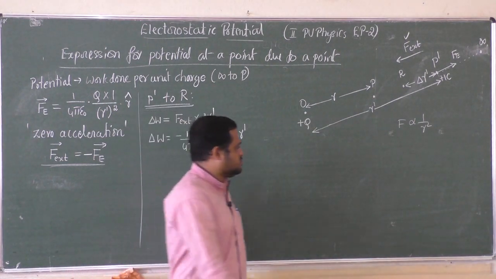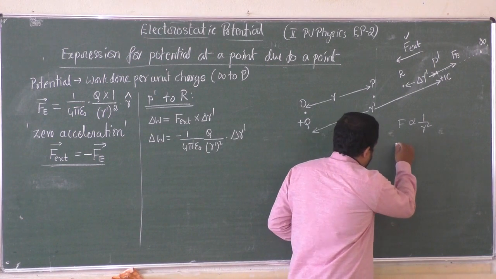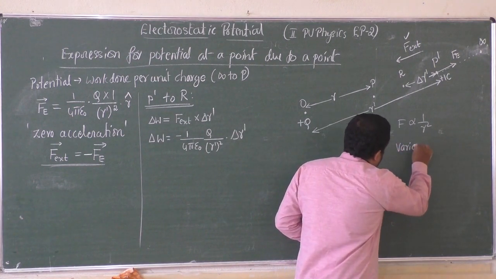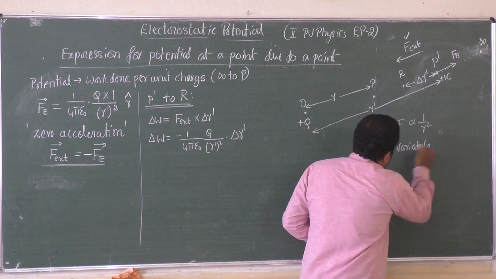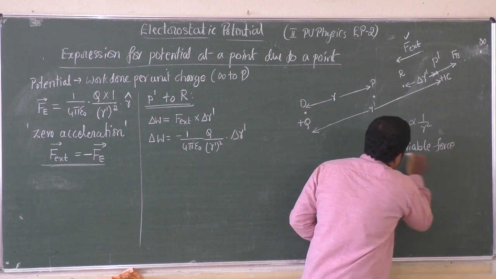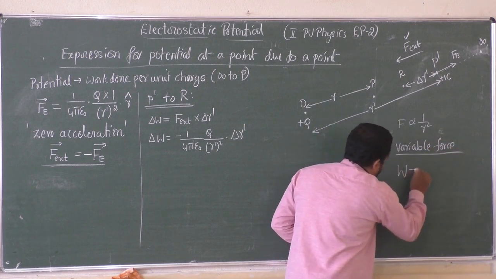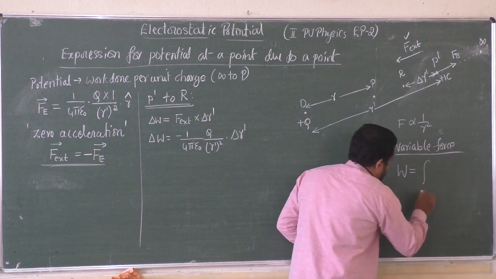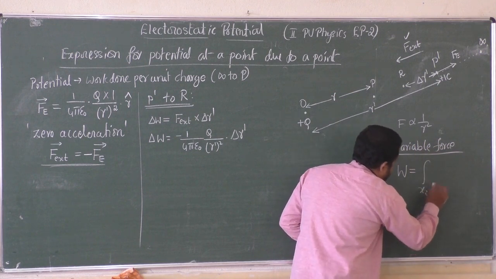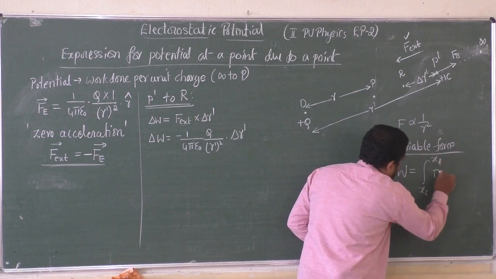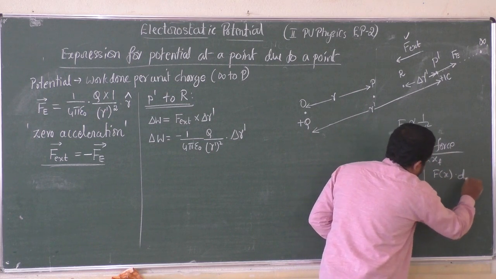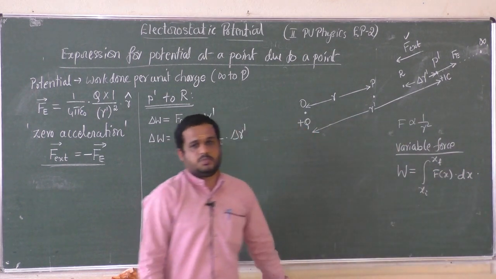In case of a variable force, the amount of work done by the variable force is given by the integral from xi to xf of f of x into dx. This was the expression we derived in first PUC.